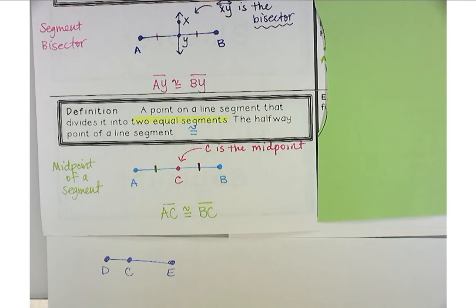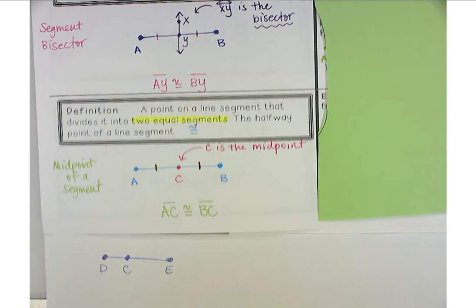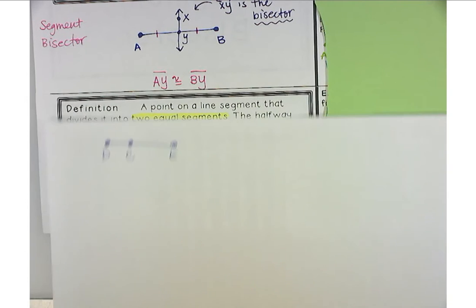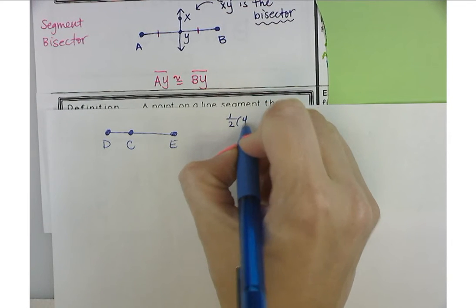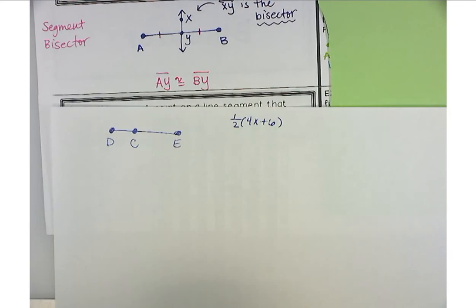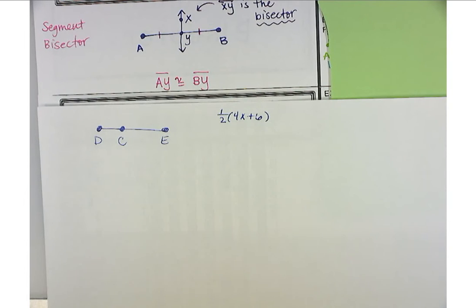Now, they tell you that DC is equal to 1/2 of 4x plus 6. Okay, but you can simplify that. What can you do with the 1/2? And when you multiply them, do you guys remember what property that is?